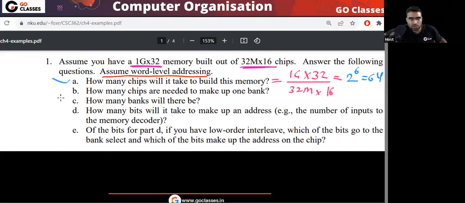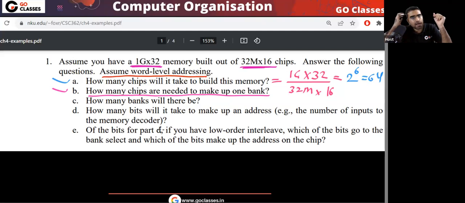Very simple. Now the question is saying, how many chips are needed to make up one bank? What does this second option ask? How many chips are needed to make one bank? Is this horizontal or vertical?